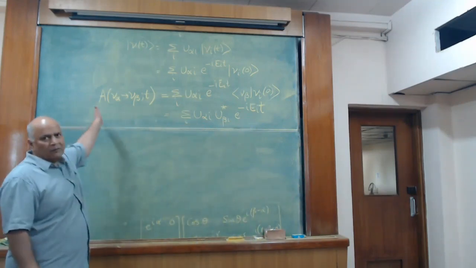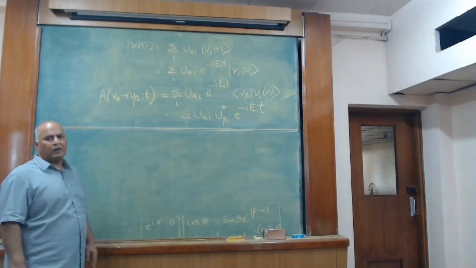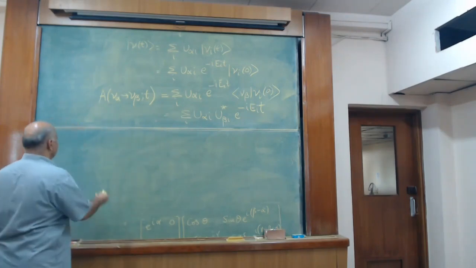So, we have the amplitude, square of it is the probability.